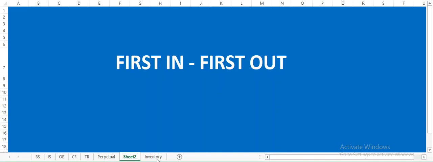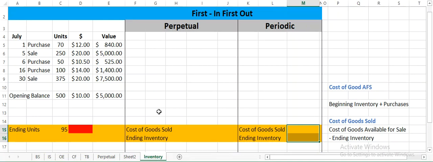So we're going to use the same example that we used from the average cost method, and we're going to calculate what our cost of goods sold and ending inventory are for perpetual and periodic on the FIFO method.